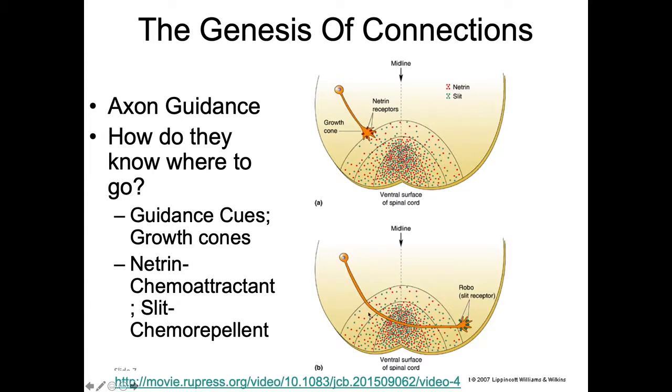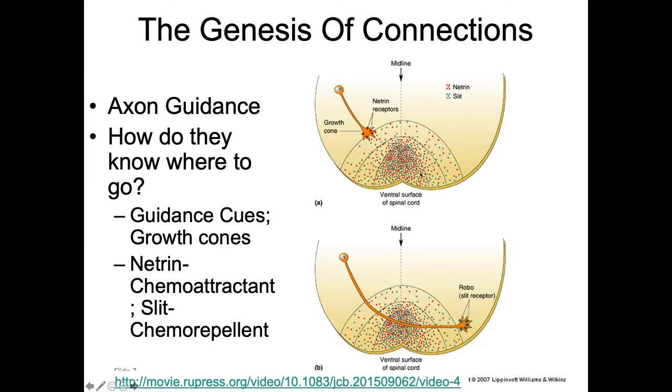There's also another type of receptor known as ROBO, which is present on these neurons as well. These ROBO receptors are sensitive to another ligand known as SLIT. Netrin receptors are expressed predominantly in this early stage, so it's being drawn into here.